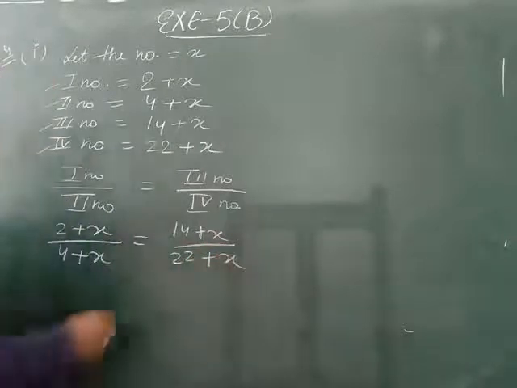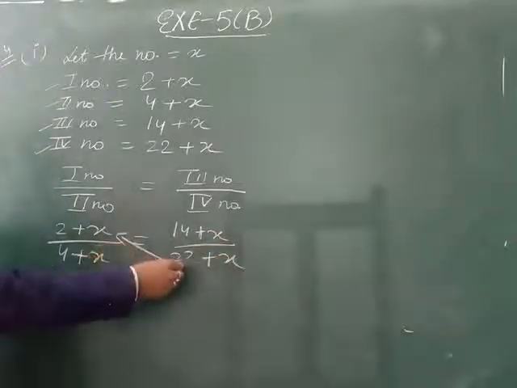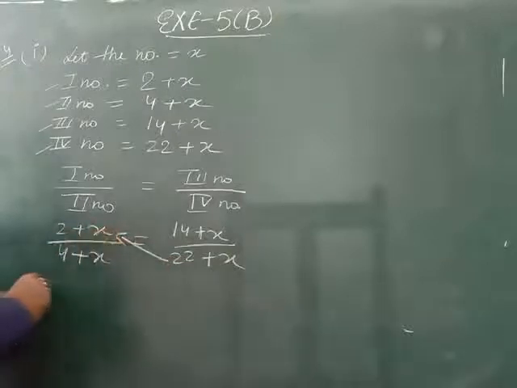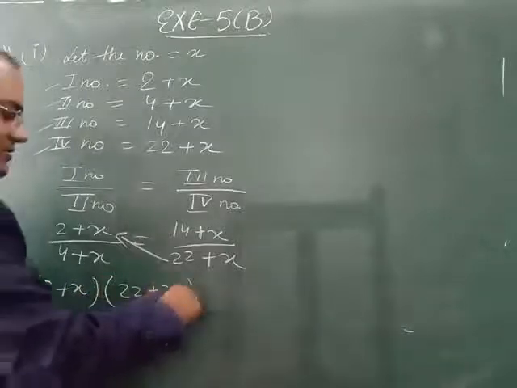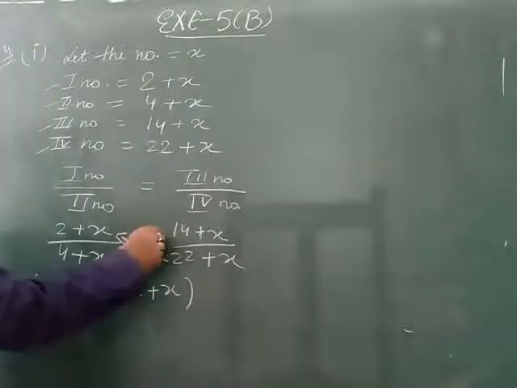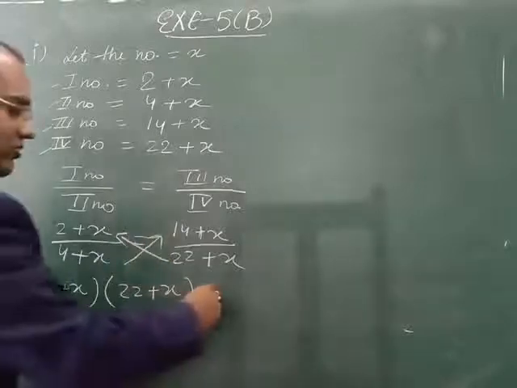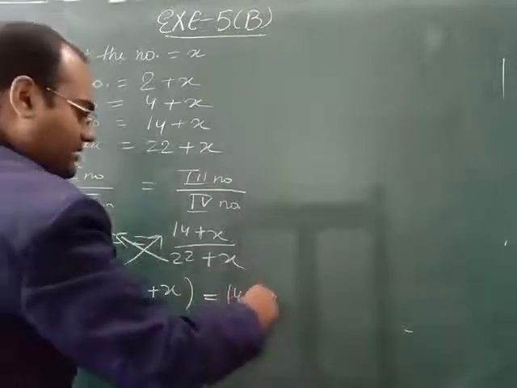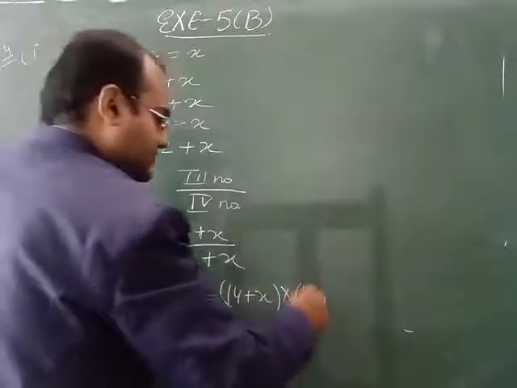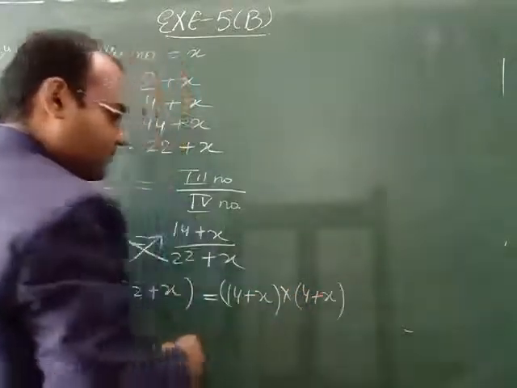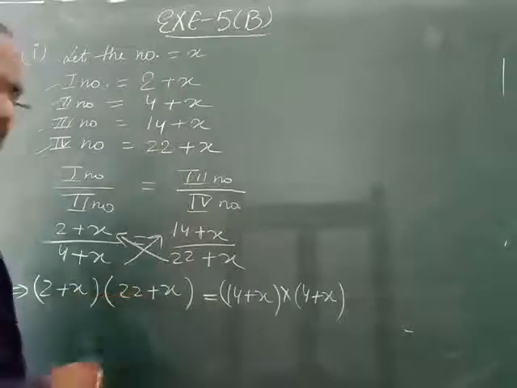Now in the next step we have to cross multiply. This is a divide, here it will come in multiply. So how will we write? 2 plus x multiplied by 22 plus x. This number also comes here in multiply, so equal to 14 plus x into 4 plus x.